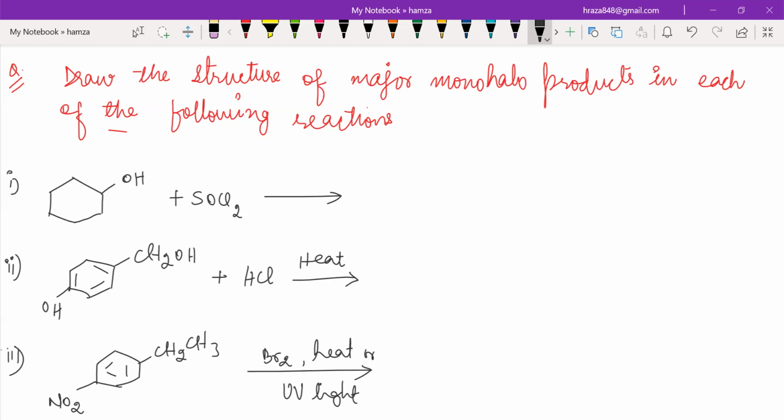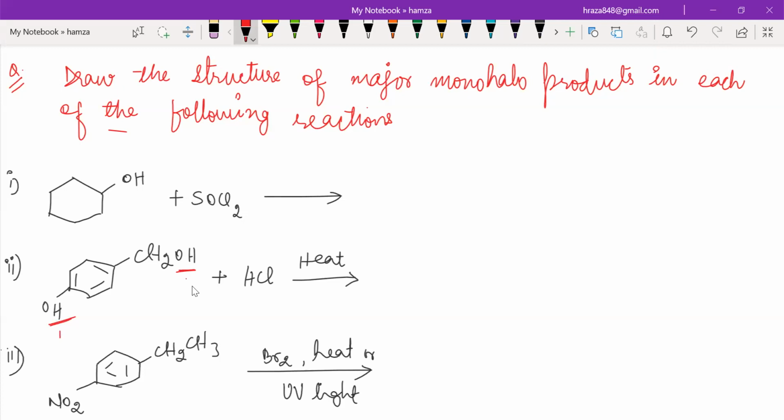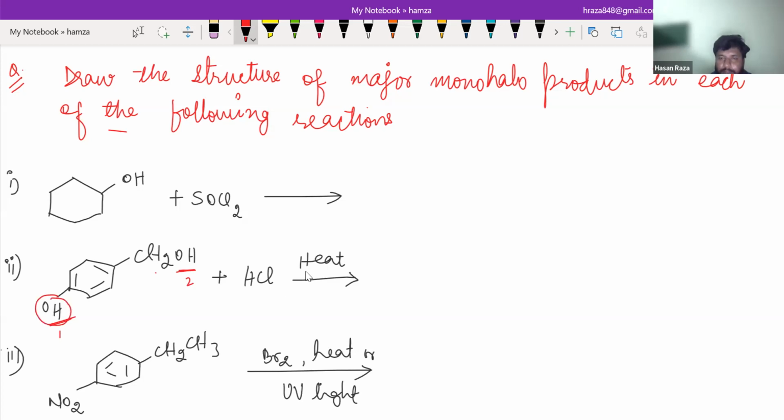Sir, in the second one, the OH down is going to be replaced by Cl. Which OH? This one or this one? The first one. The first one is directly connected to benzene, so it will not be replaceable so easily.